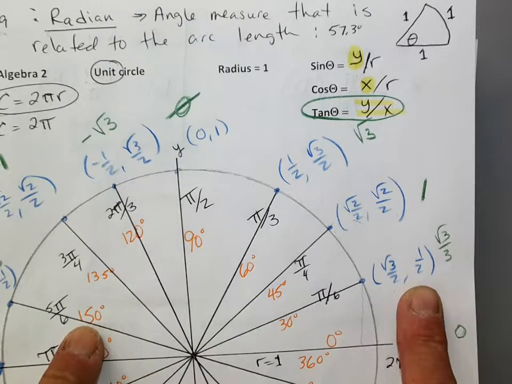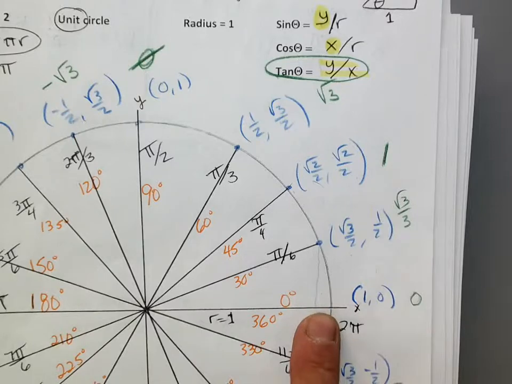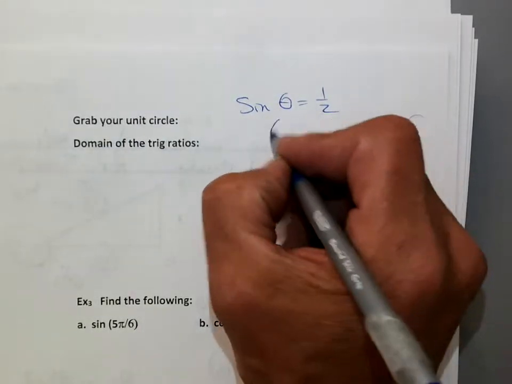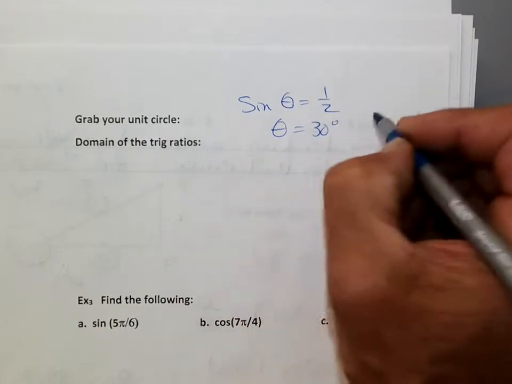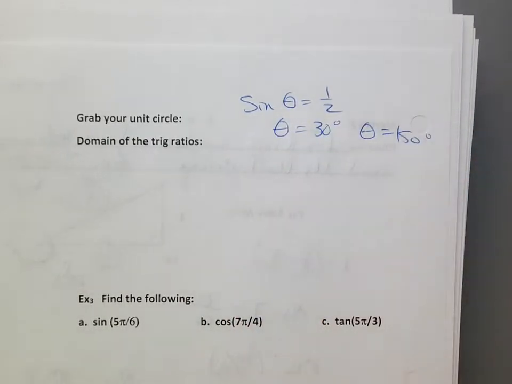It can't be both. It can be one or the other. So what we said is that the trick is to always take the angle that's closest to 0. So we're going to get theta equals 30 degrees and theta equals 150 degrees, but we can't have both.